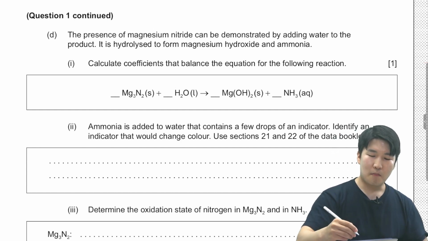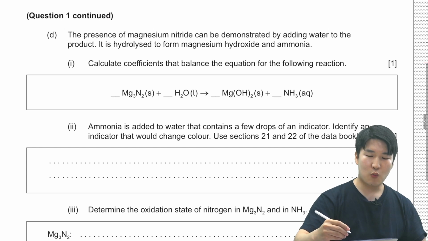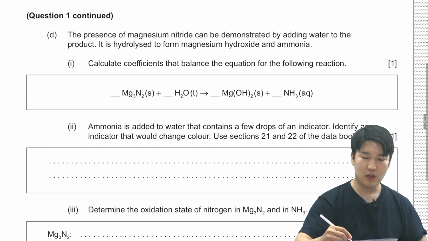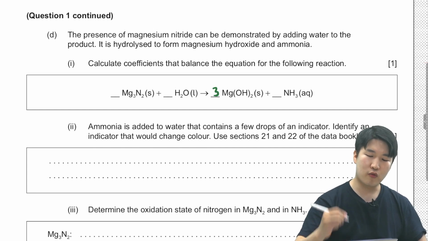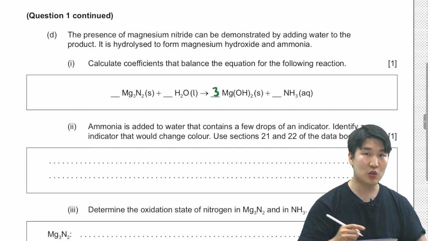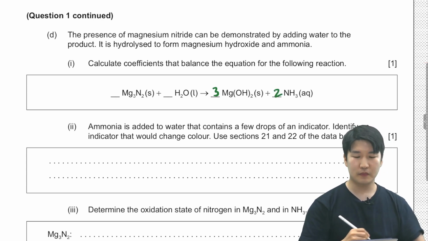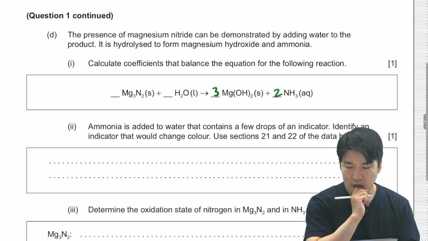Let's start with balancing the stoichiometry. What do we start off with? Well, we're going to match the number of magnesium on the left and right by giving magnesium hydroxide a stoichiometry of 3, and ammonia 2. Then we're going to make sure we have the same number of hydrogen atoms and oxygen.